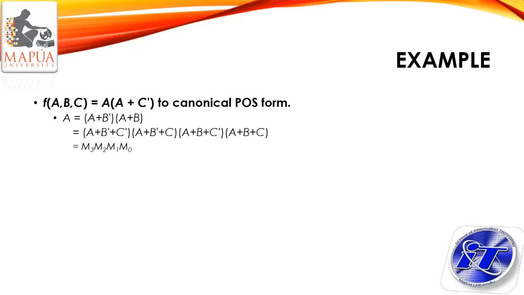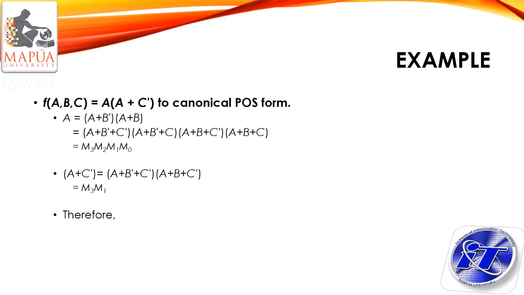How about A plus C naught? We're going to introduce B in the middle of A and C naught, since based on the order, it's in the middle. So we have A plus B naught plus C naught for the first term, and A plus B plus C naught for the second term. So let's convert 0, 1, 1 and 0, 0, 1. So we have M3, M1. Then everything will be combined to get the max term list.